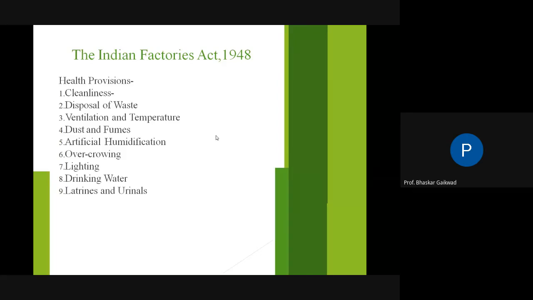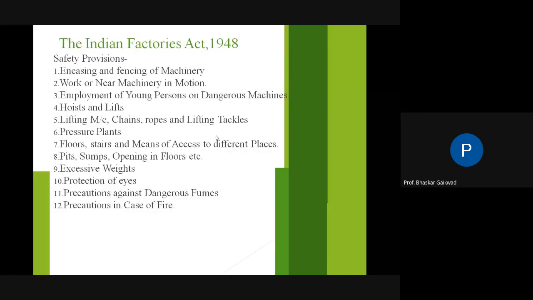Good light will be there. Drinking water and latrines to fulfill personal needs. So these points come under the 1948 Act. Nowadays every industry is following this. Safety provisions are also required under this law.